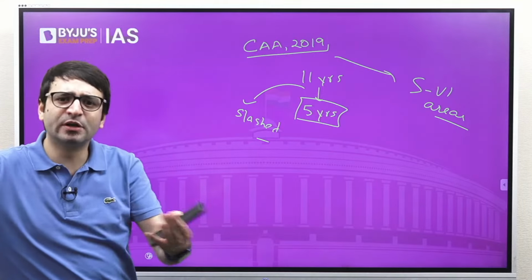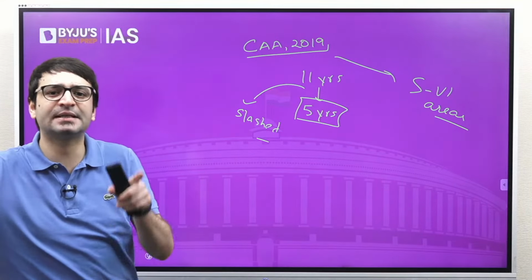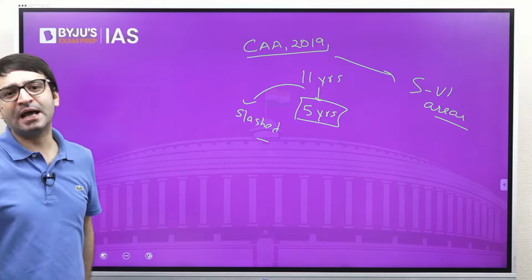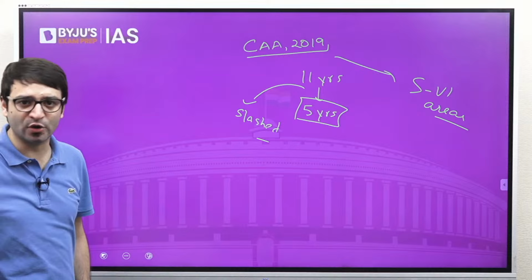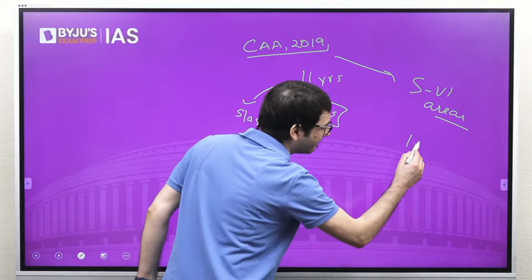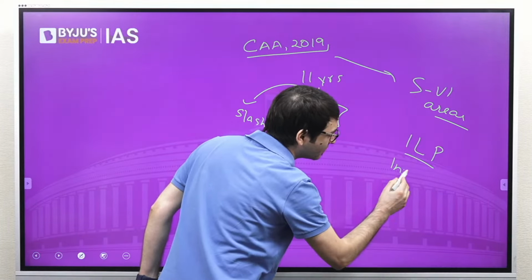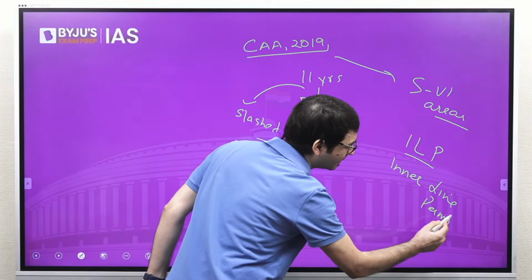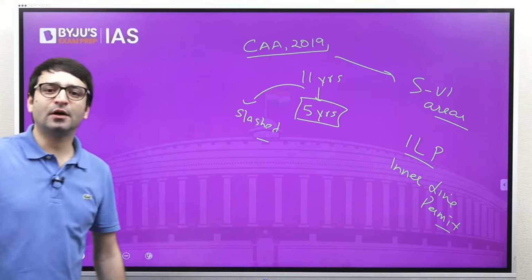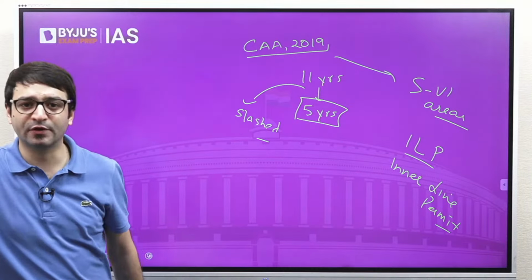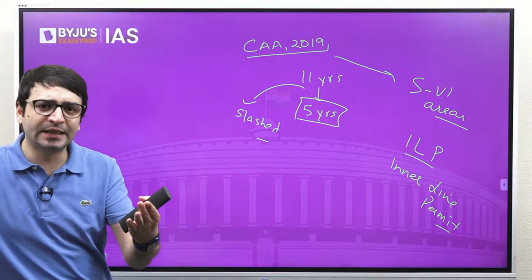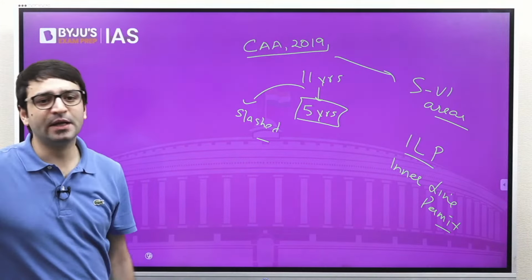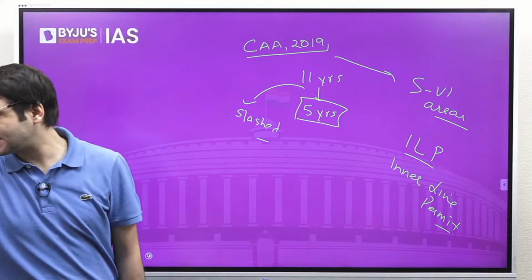And one exception of Citizenship Amendment Act is that it does not apply to the Schedule 6 areas of Assam, Meghalaya, Mizoram and Tripura. It also does not apply to areas which are under inner line permit. For example, Arunachal Pradesh, for example, Nagaland, for example, Manipur, because inner line permit was extended to Manipur as well. This can be important statement for your prelims examination.